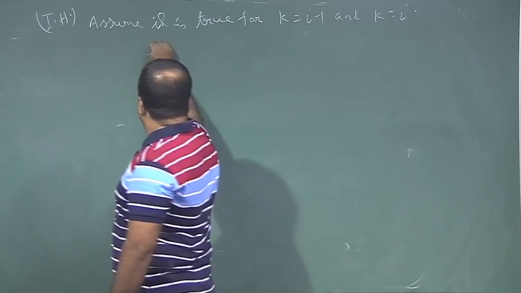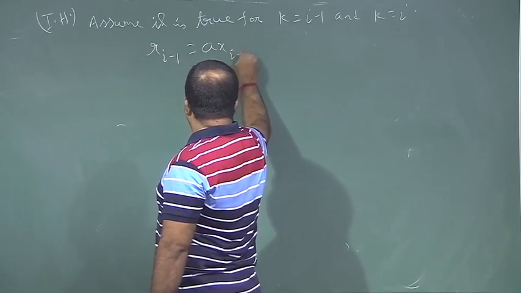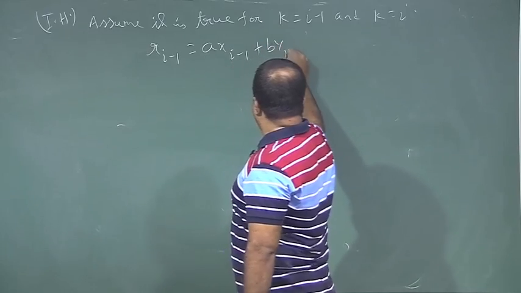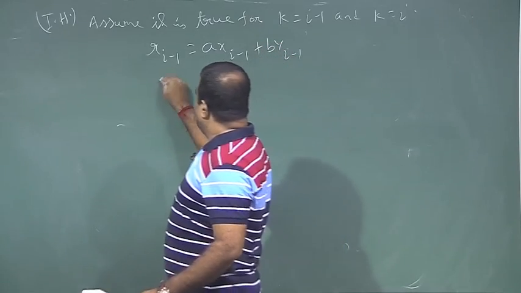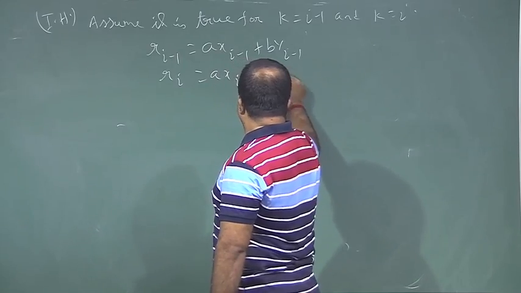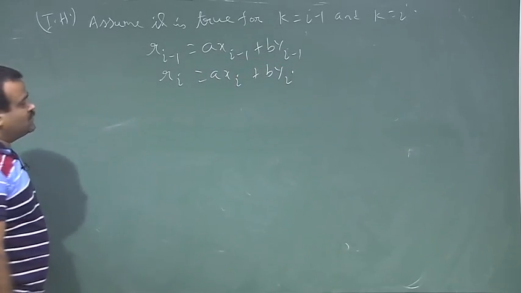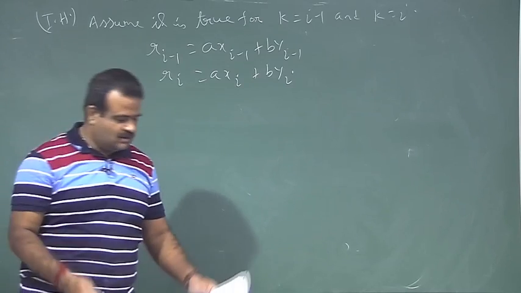That means r_{i-1} is basically a x_{i-1} plus b y_{i-1}, and r_i is basically a x_i plus b y_i, and we have to prove that the statement is true for k equal to i plus 1.